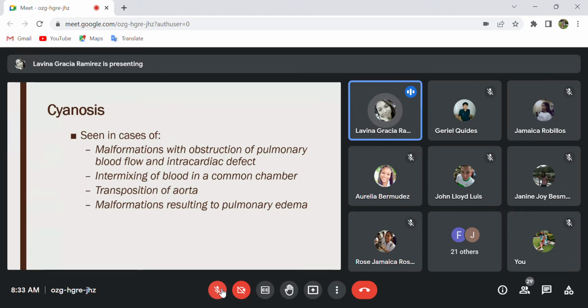So anything that affects those development, some progress and some do not. Then the transposition of the aorta is one congenital anomaly in which the aorta, the blood vessel, has been moved or changed in position.